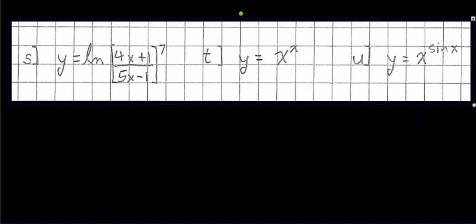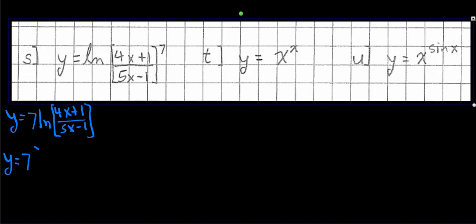Okay, here's another one. So let's unravel this. We've got y equals 7 log of 4x plus 1 over 5x minus 1. Now that's when I just brought down the 7. Now let's unravel it a little further.